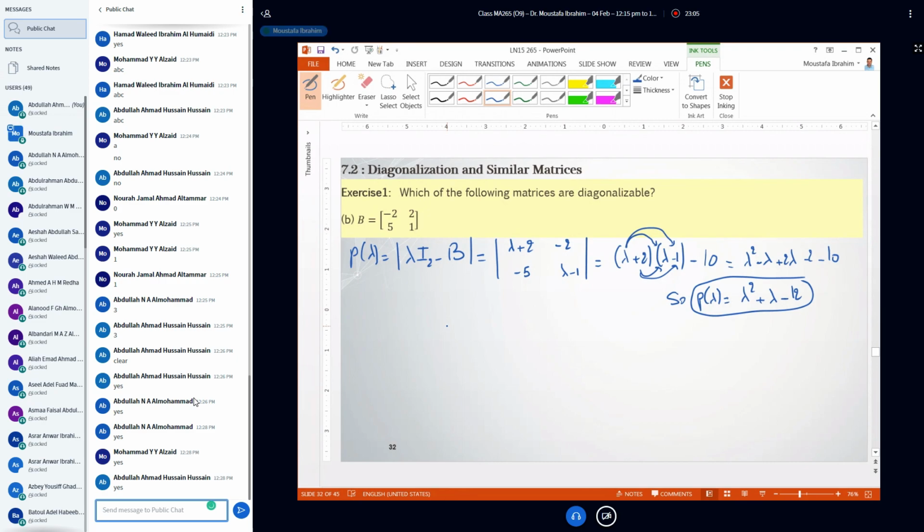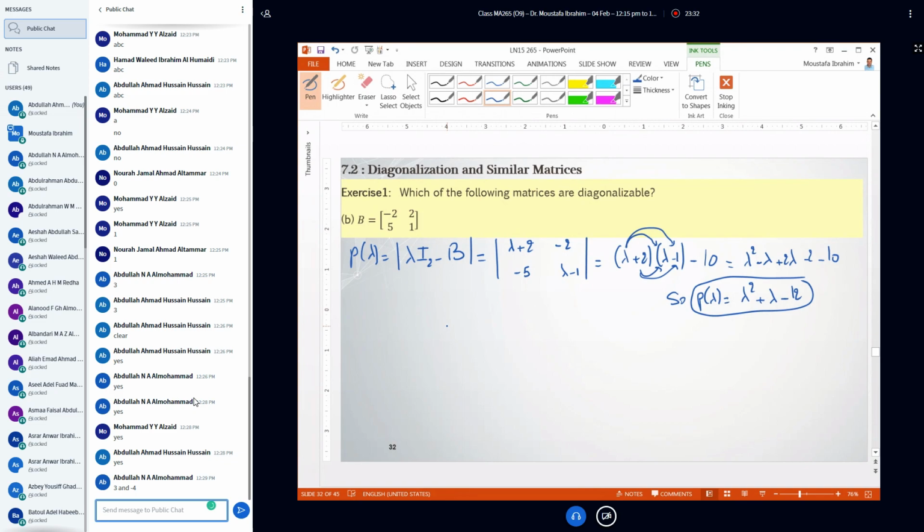Very good. So to see the eigenvalues, we take p(lambda) equals 0.